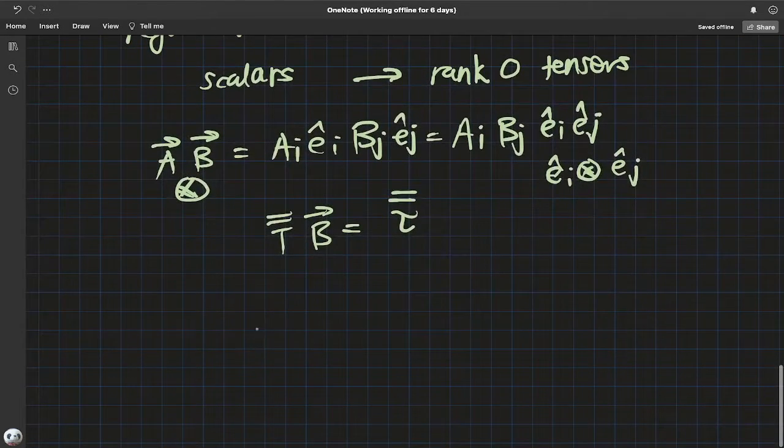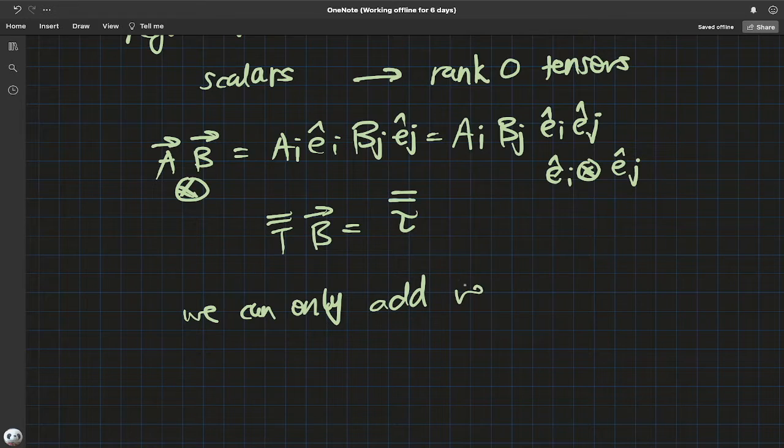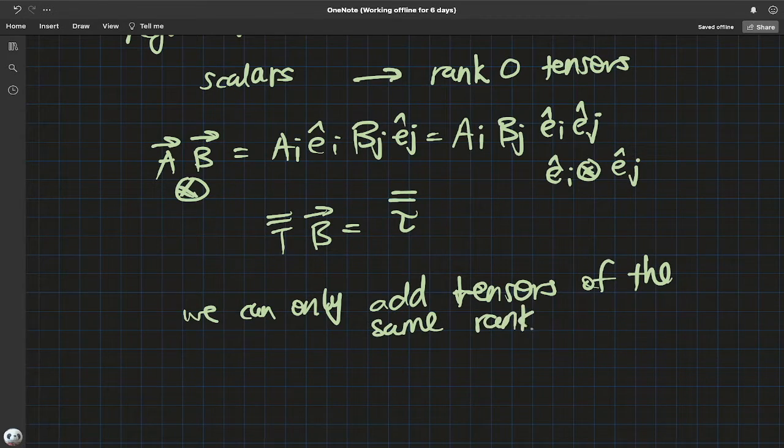And again, as you might have suspected, we can only add tensors of the same rank, preferably the same dimension, but it doesn't really matter in this case. You can have something in 2 dimensions added with something in 3 dimensions, it won't change anything.